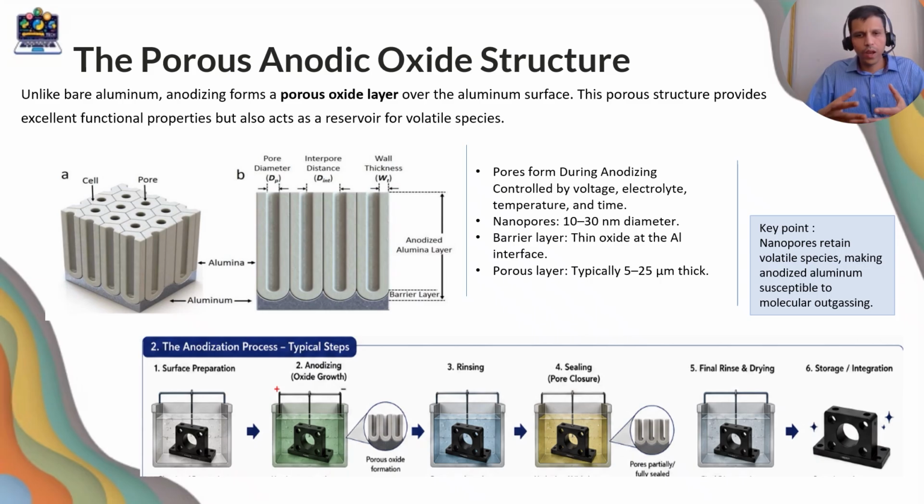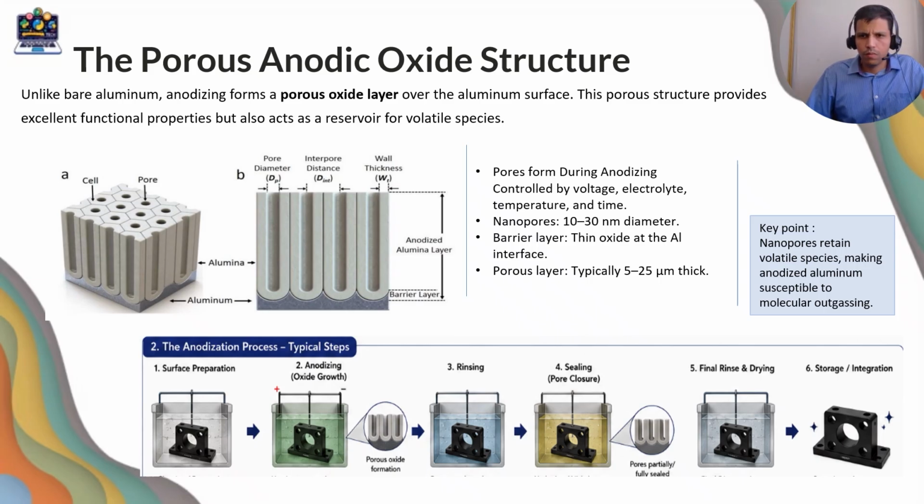I have explained here the anodization steps, which everyone knows about. This helps in the later part of the slide, on how we can mitigate this outgassing risk. Now we understand the top surface of the anodization and how the anodization goes step by step.